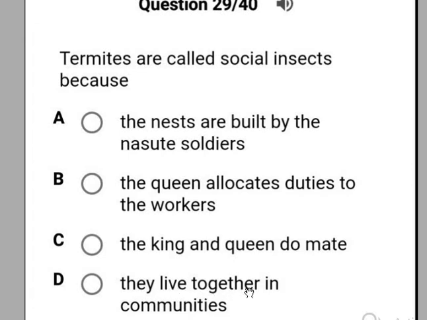D. They live together in communities. So the option is: termites are called social insects because they live together in communities. So this is the option.